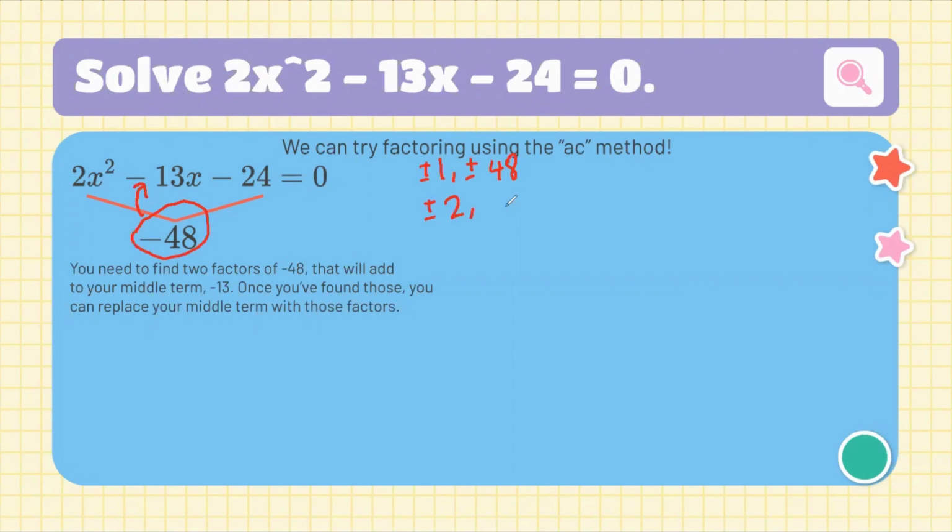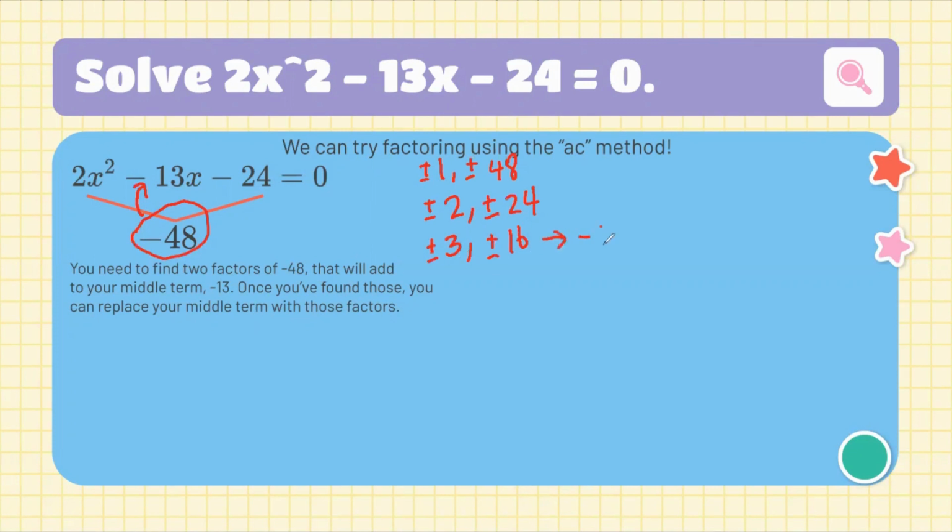We could have +2 or -2 and positive or -24. Again, that probably wouldn't give us -13, so the next one would be positive or -3 and positive or -16. And actually this might work.